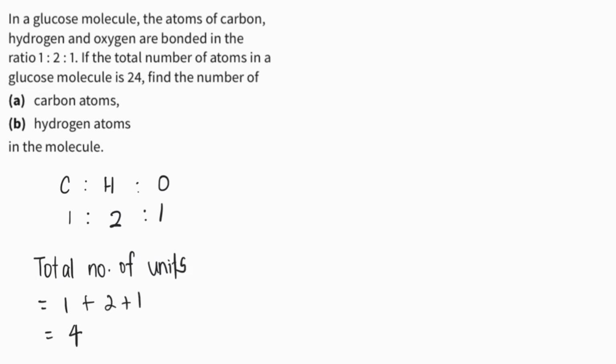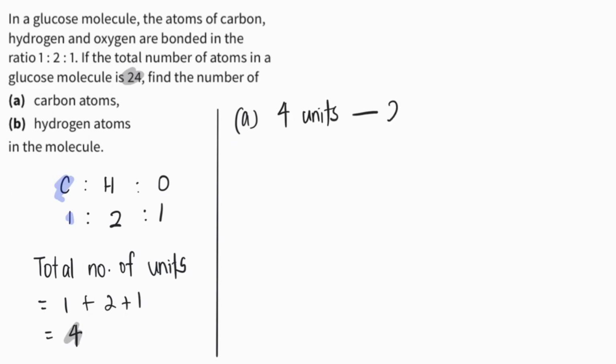And this will be important for our next part of the problem, because for part A we are required to find the number of atoms for C when we are given the total number of atoms is 24. So this means that 4 units will represent 24 atoms.